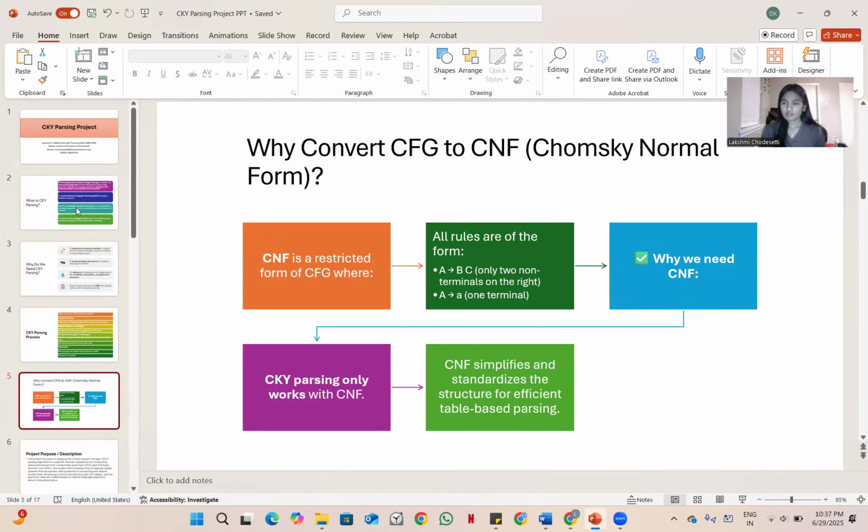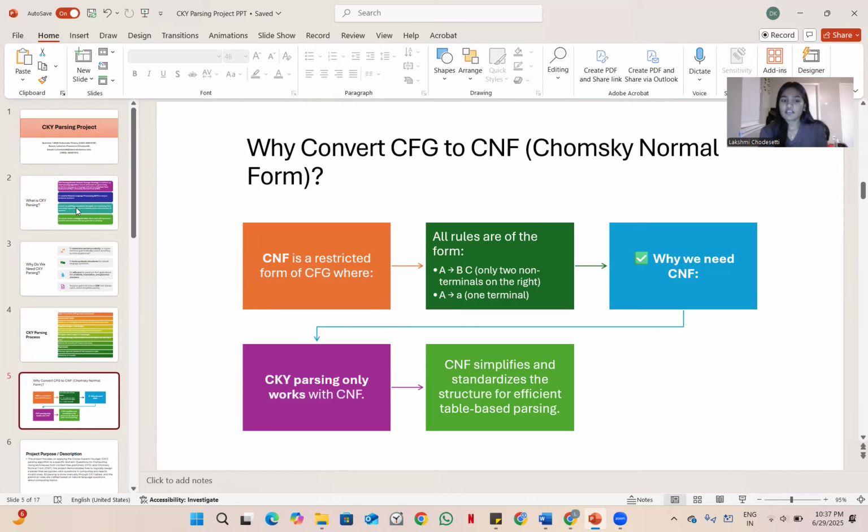Why do we need to convert the CFG, that is the context-free grammar, to CNF, Chomsky Normal Form? In order to build a CKY parsing table, first we need to convert our CFG to CNF.